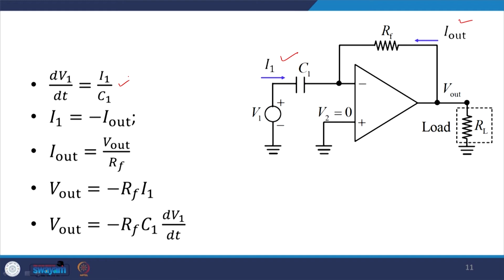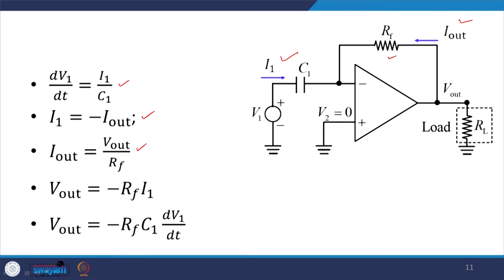So, we can write this one, and we see I1 is equal to minus I out. We already know from our earlier assumption for the op-amp. So, my I out is basically V out by RF, which we can derive from over here.